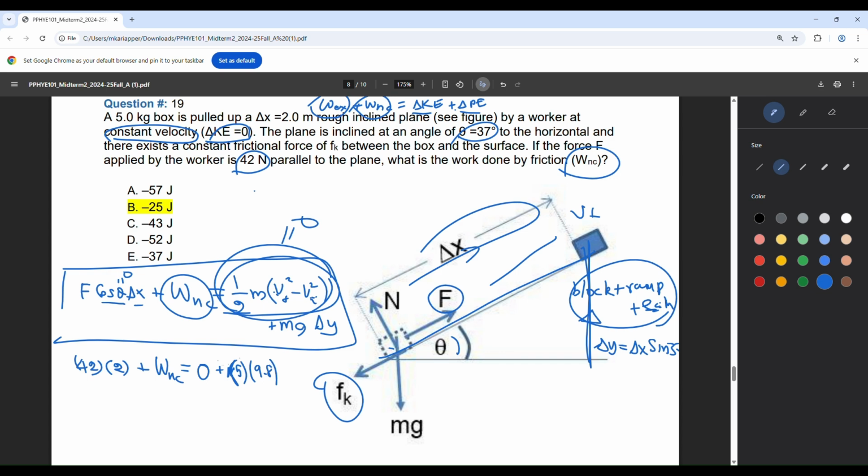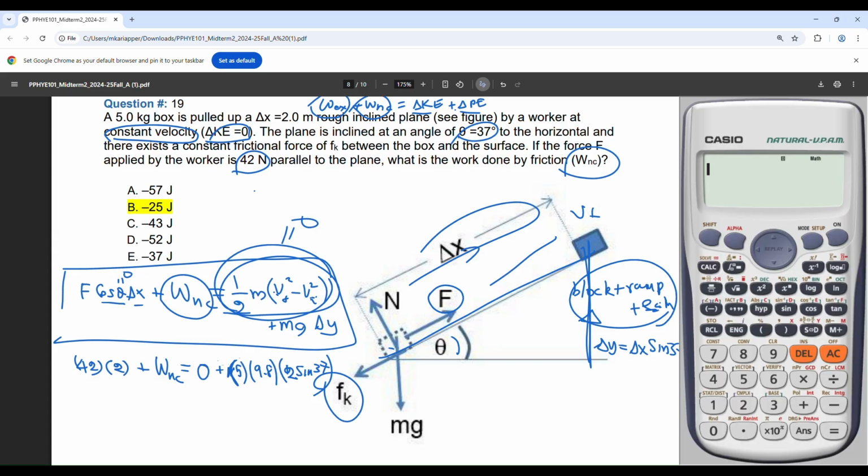So I can substitute here delta x is equal to 2 meters. So 2 sine 37. That's it. We need our equation with only one unknown. We just put it in the calculator and solve for our W and C.